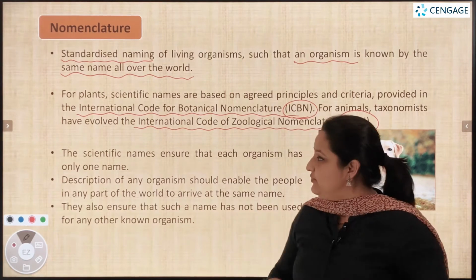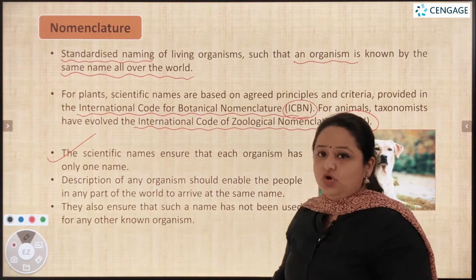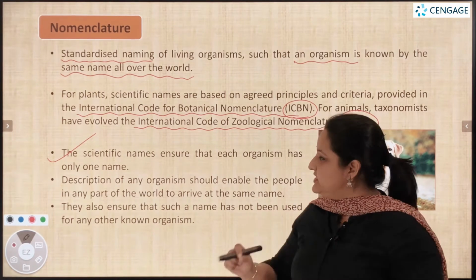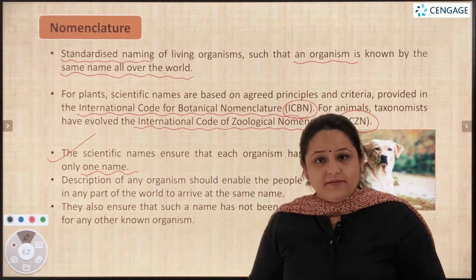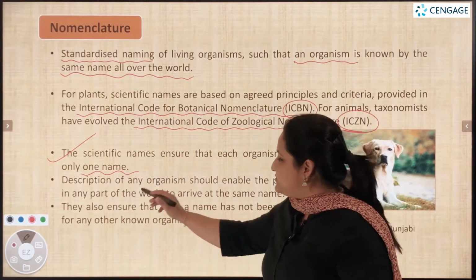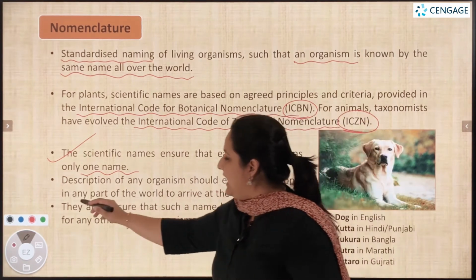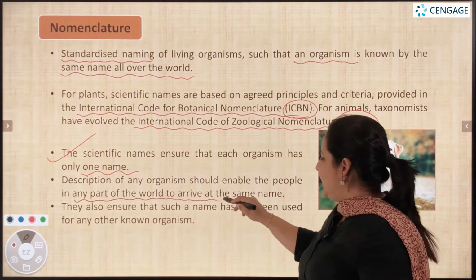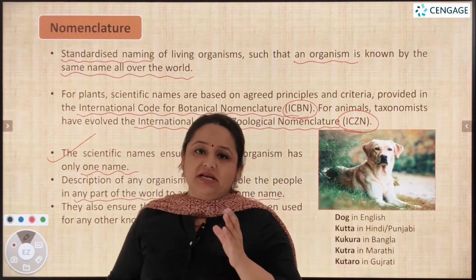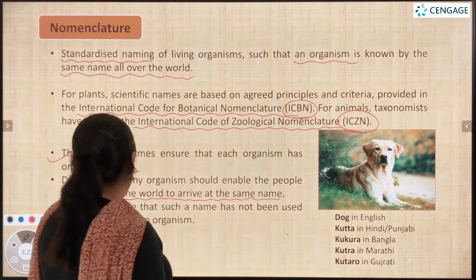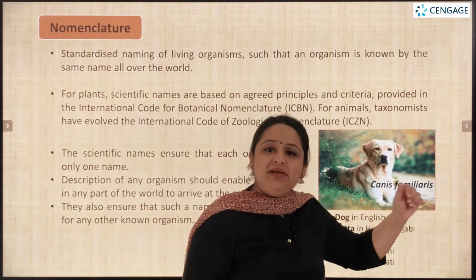Now we are going to see what is the use of nomenclature. Through nomenclature, we specify that the scientific name ensures that each organism is known by only one name, right? Second, description of any organism should enable people in any part of the world to arrive at the same name. That means, in the case of this organism, we call it Canis familiaris.